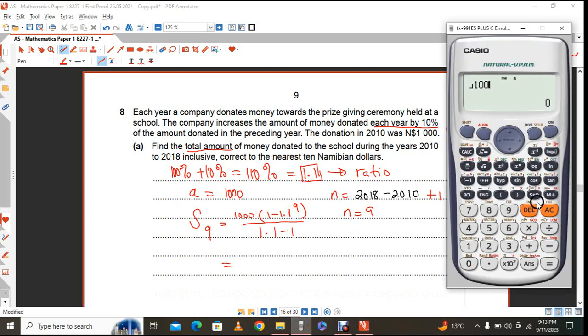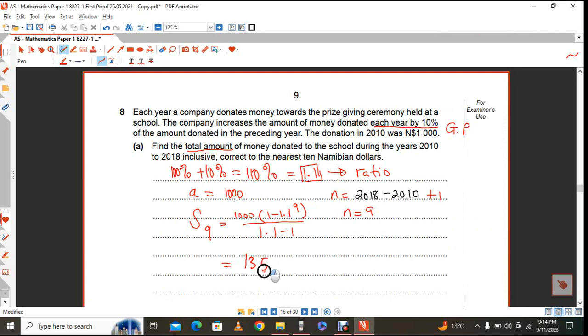So that's 1,000, in brackets we have 1 minus 1.1, or the other way around, it doesn't really matter. You close that, and then underneath would be 1 minus 1.1. So that answer there is 13,579.